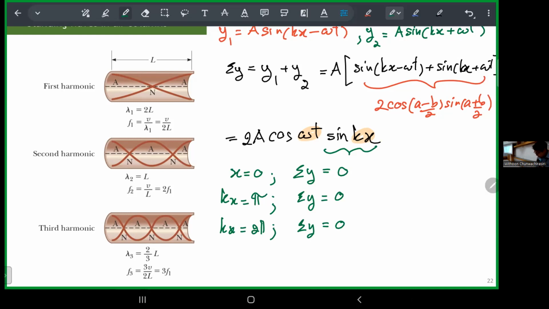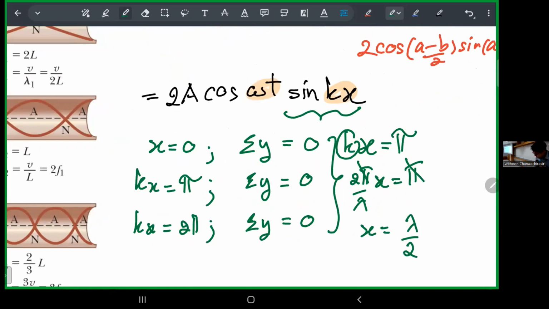So from here, you can conclude that at the position where kx equals pi, but k, everyone knows, is just 2 pi over lambda. So pi cancels, x equals lambda over 2. And it's not only pi, any multiple of pi will do the same thing.